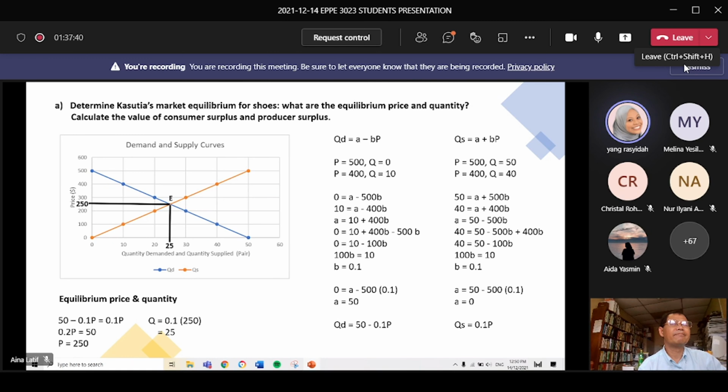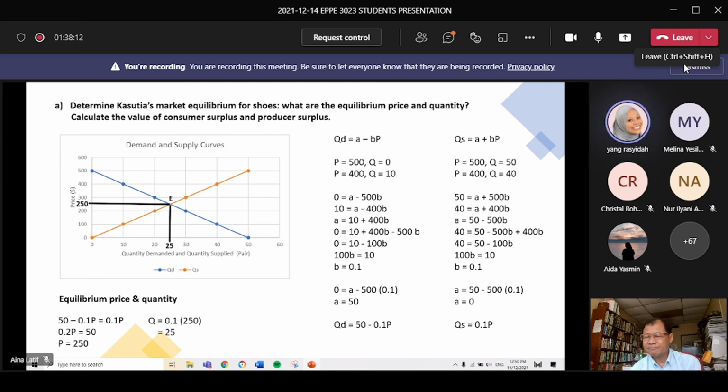Okay, so from that graph, we can see when the quantity demanded equals the quantity supplied, we get the equilibrium price and quantity. From the graph, it clearly shows that the equilibrium price is $250 and the equilibrium quantity is 25. But I just want to show how we get that without the graph.